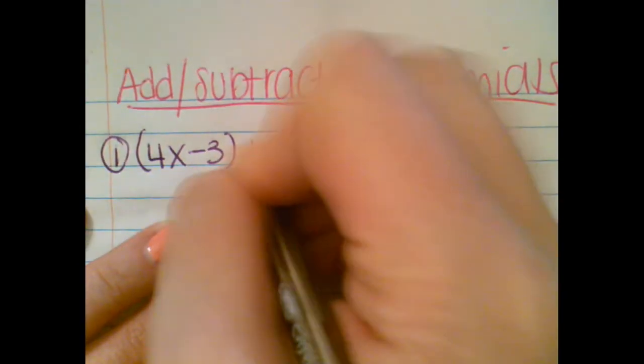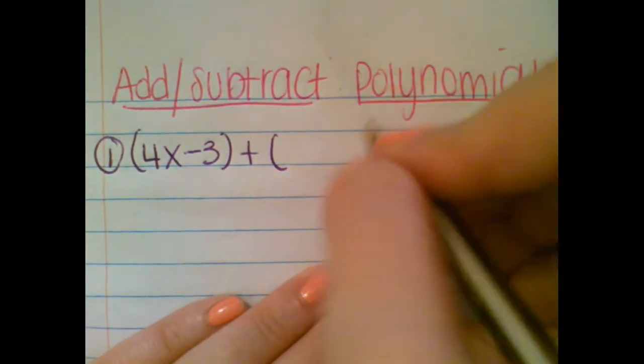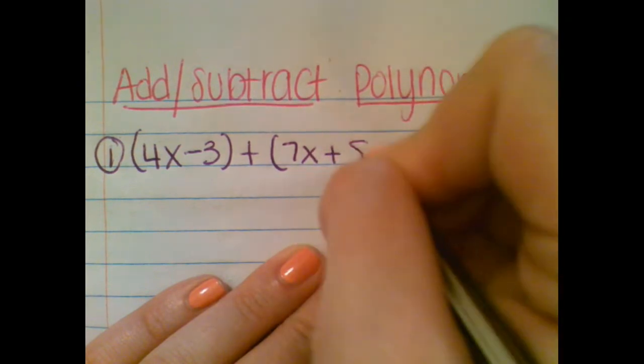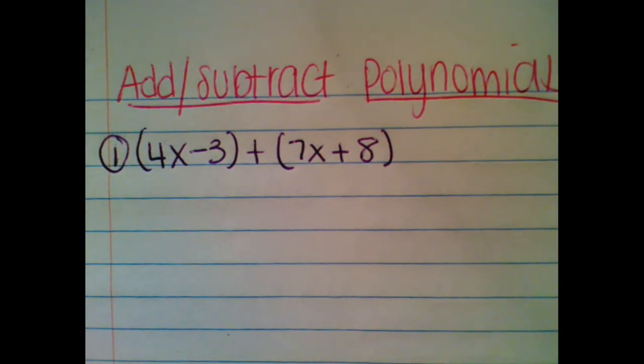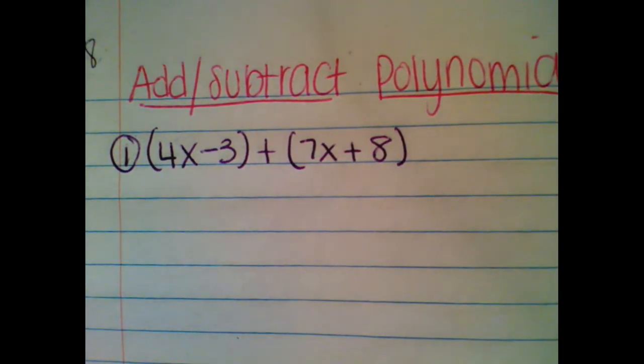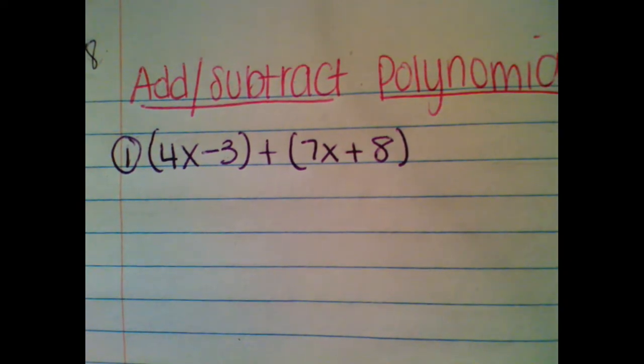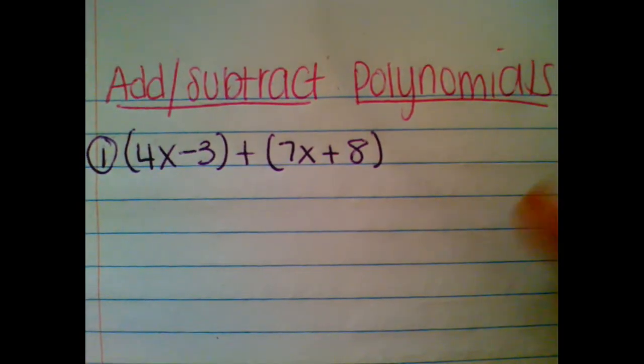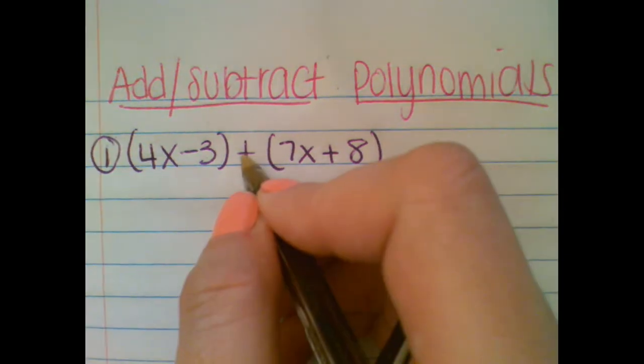So the first example is going to be (4x minus 3) plus (7x plus 8). Now, whenever you see parentheses, you should automatically be thinking that you have to distribute. There's a positive sign here.